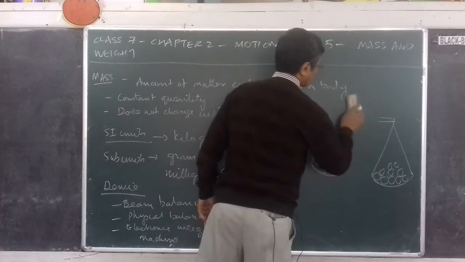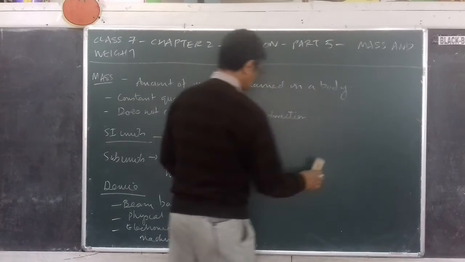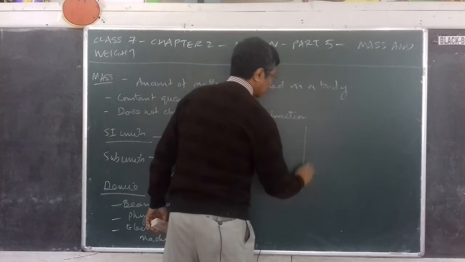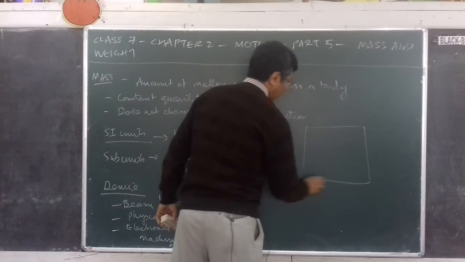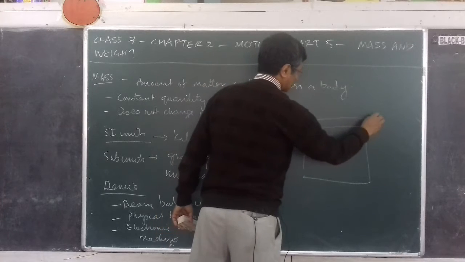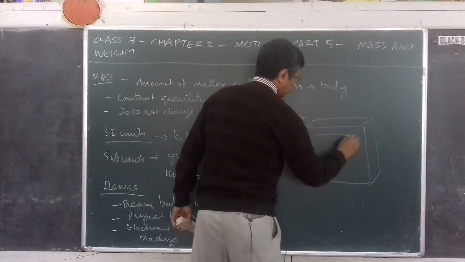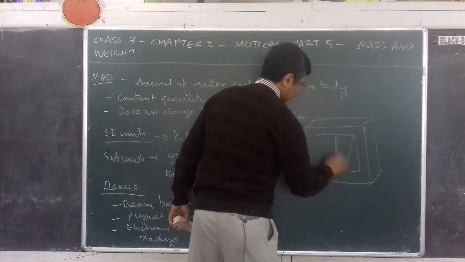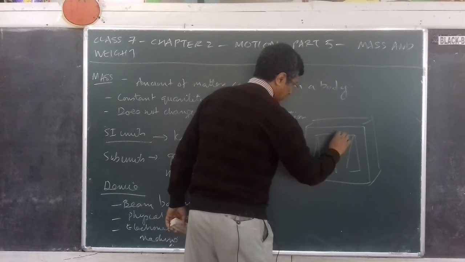Next is a physical balance. A physical balance looks similar to a beam balance, but in this case it is kept in a laboratory, in a glass box. It's got a beam, a bar here, and it's got pans like this. It's got a pointer in the middle here.